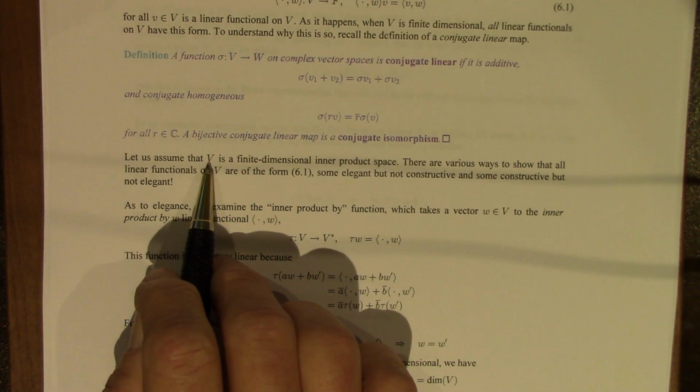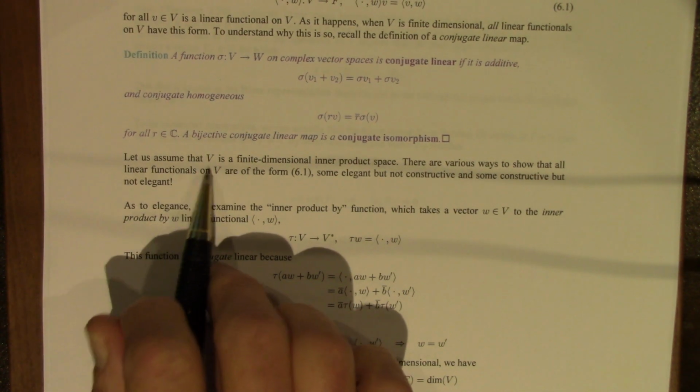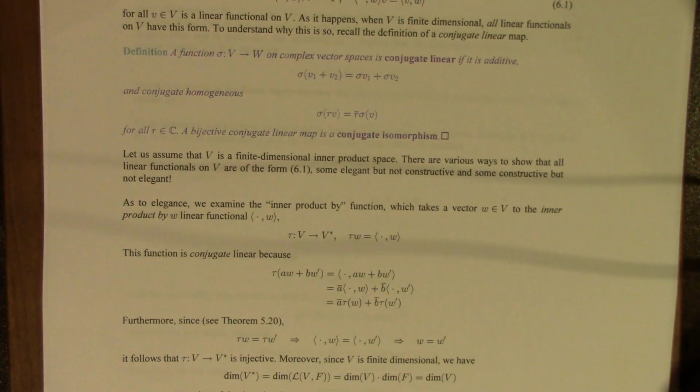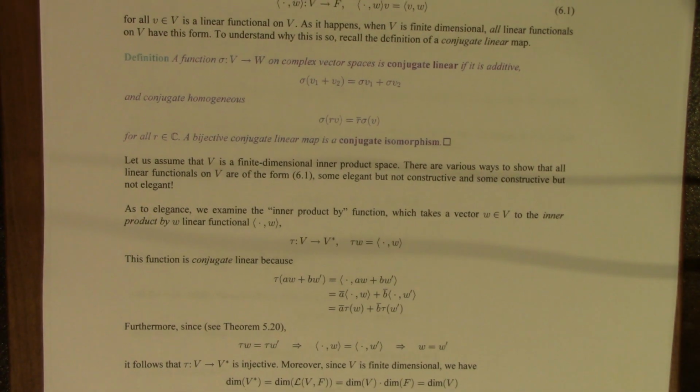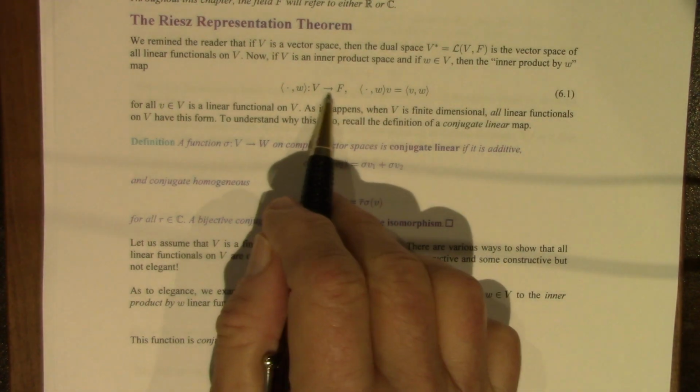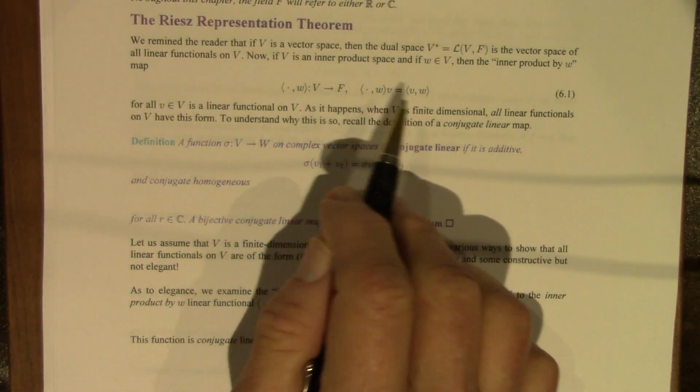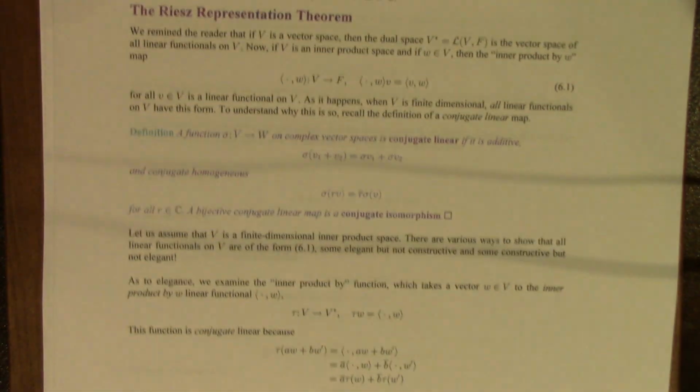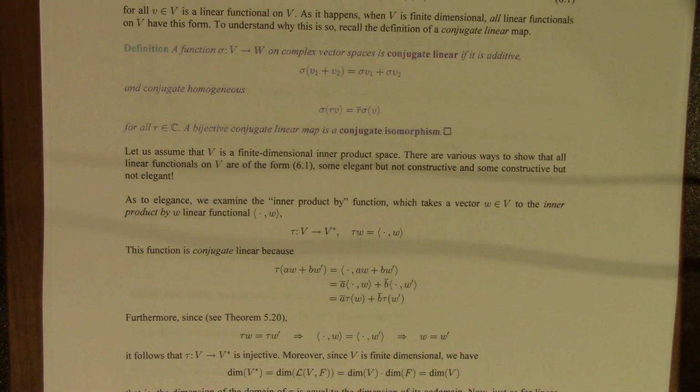Let's assume that V is a finite dimensional inner product space. There are various ways actually to show that all linear functionals have the form inner product by some vector. Some approaches are more elegant than others, but not as constructive.